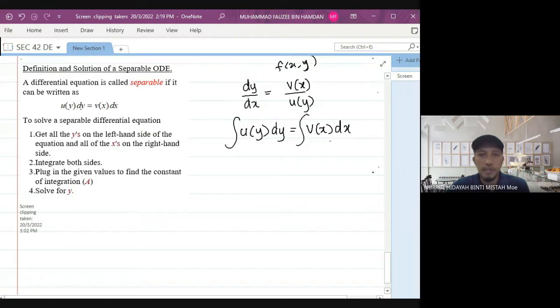Integrate both sides, and if there is a condition, you need to apply it. After you solve the integration, apply the condition so that you can find the value of the constant of integration. Then you can write the solution, y equal to blah blah blah. So it's very easy. If we can identify it's a separable equation, it's very easy for us to solve.